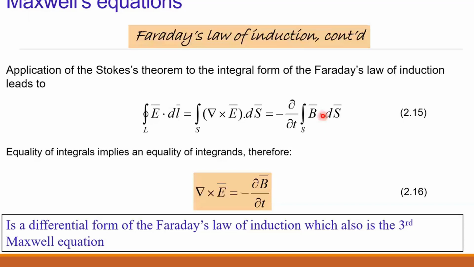According to Stokes theorem, we can write the closed integration of E bar dot dl bar is equal to the surface integration of del cross E dot ds bar. This is Stokes theorem, right? And we have just equated this E dl with minus dou by dou t of B bar dot ds bar.